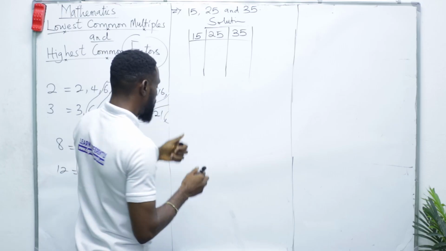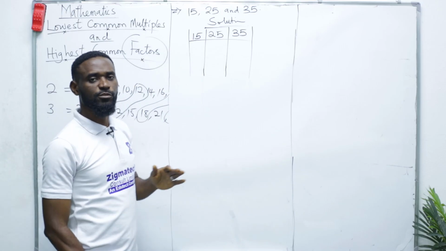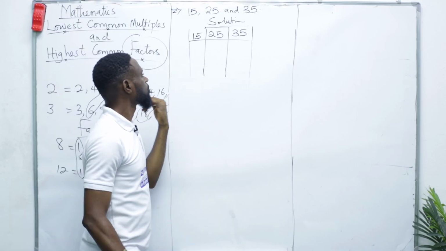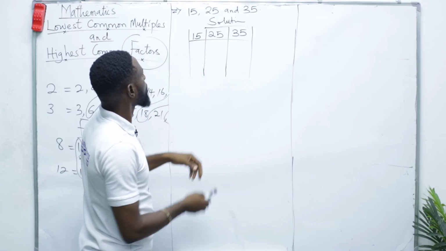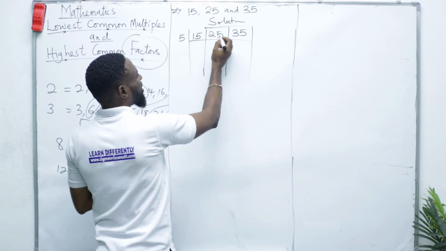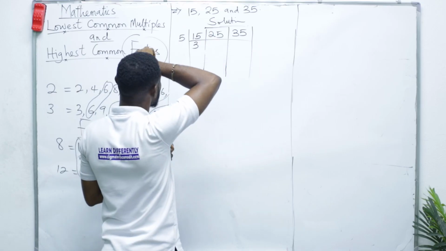All right. Now, you begin to divide them according to their factors. Here, 5 can conveniently divide all of them here. So 5 into 15 is 3, okay?